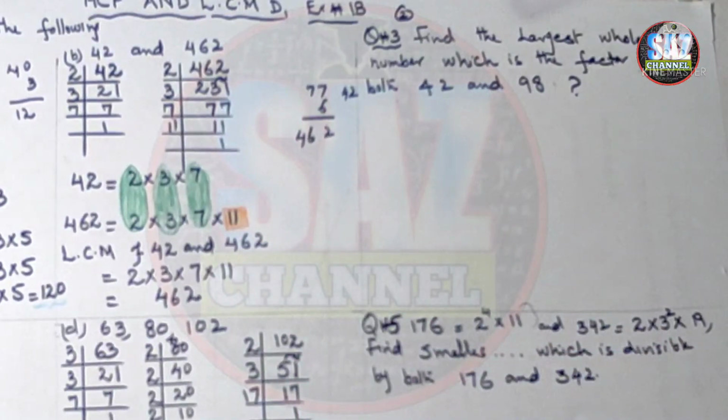So students, recall what to do to get the largest number which is the factor of both. In all such situations, when the question involves the term maximum number, or we need to divide the numbers into small groups, or largest or highest number, we have to find the HCF.